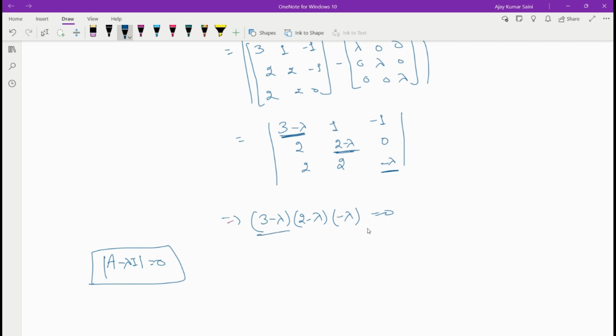So from here I take first 3 minus lambda is equal to 0, which means lambda is equal to 3. Okay, after that 2 minus lambda is equal to 0 means lambda is equal to 2, and from here minus lambda is equal to 0, which means lambda is equal to 0.